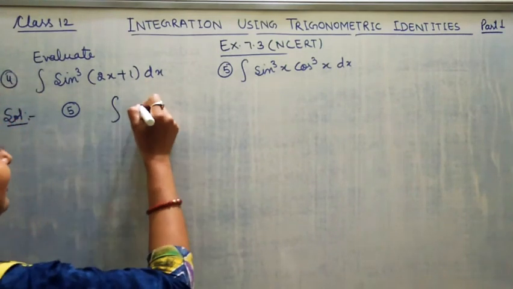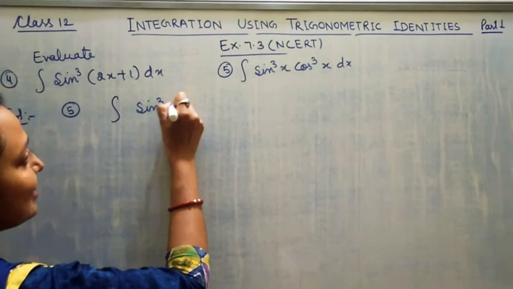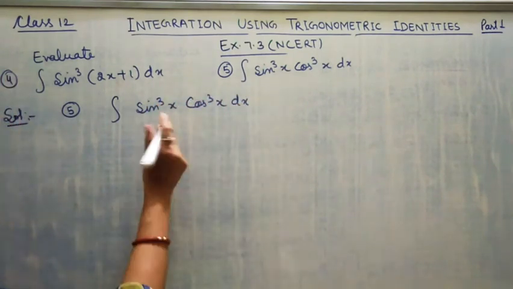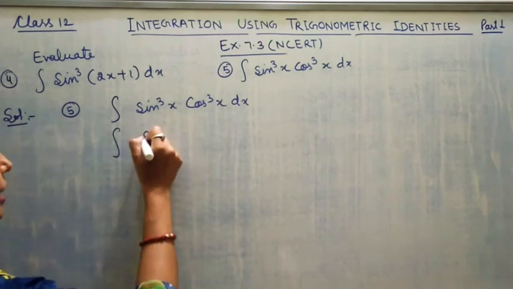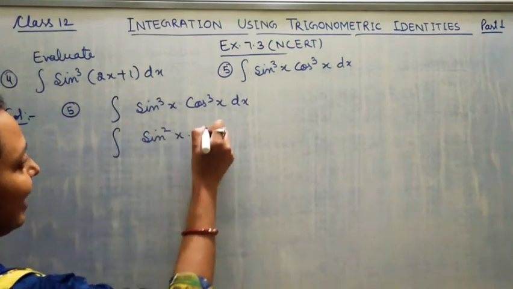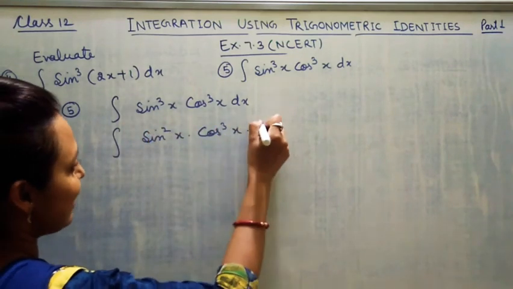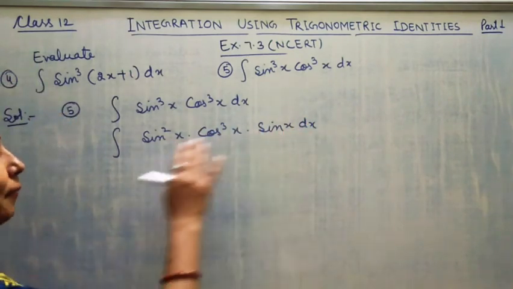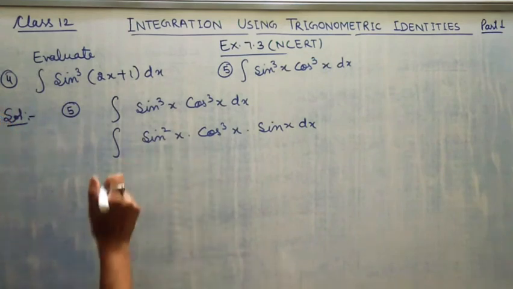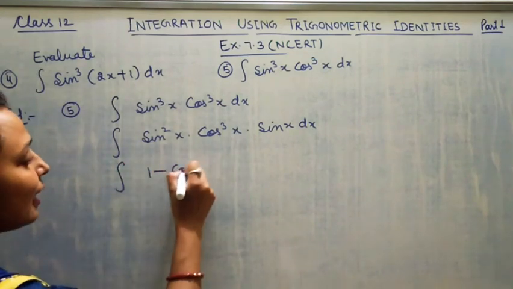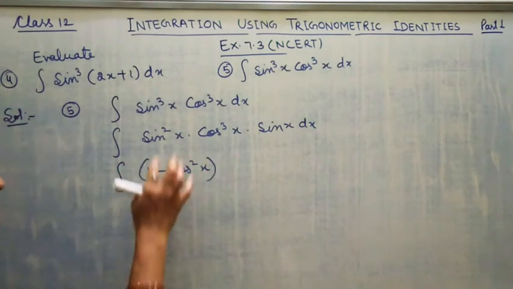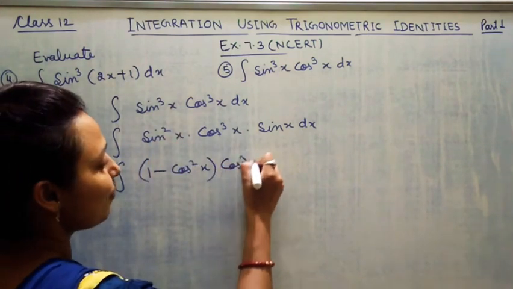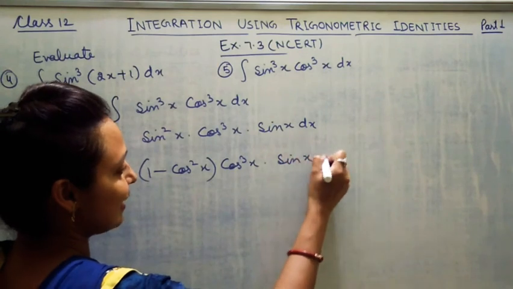So I will write it as sine cube x cos cube x dx. My full concentration is on sine square x and cos cube x and sine x dx. I will separate one sin x from this because I know there is a formula in the form of square, that we will change it into the form of cos cube x sin x dx.